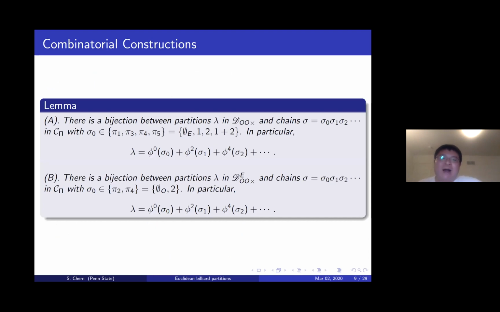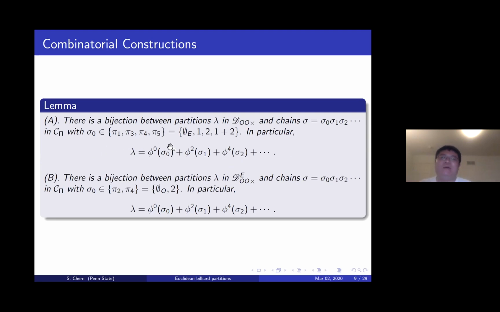And the crucial part of this work is this lemma. So we can find a bijection between partitions in D sub O cross and infinite chains in C sub pi, with the first entry being pi 1, pi 3, pi 4, or pi 5.